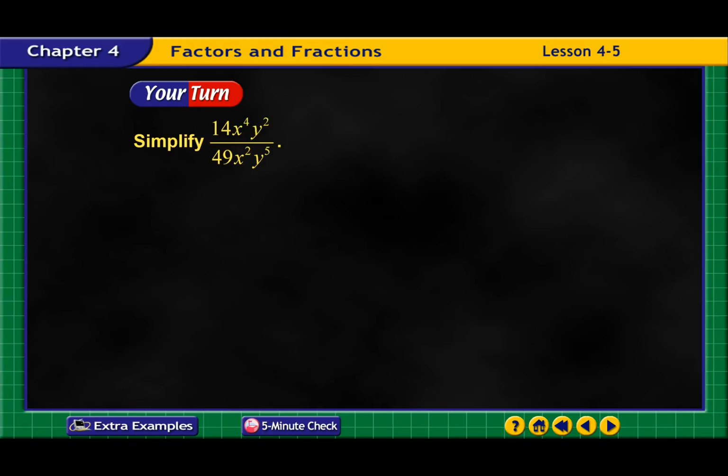All right, so first we're going to prime factor these out. So 14 is going to be 2 times 7, and then 4 x's, and 2 y's. And then 49 is going to be 7 times 7.